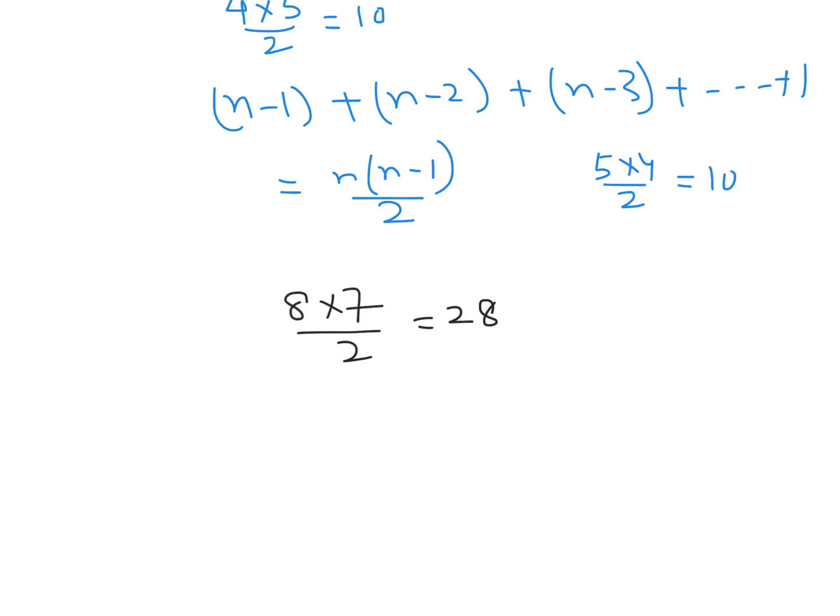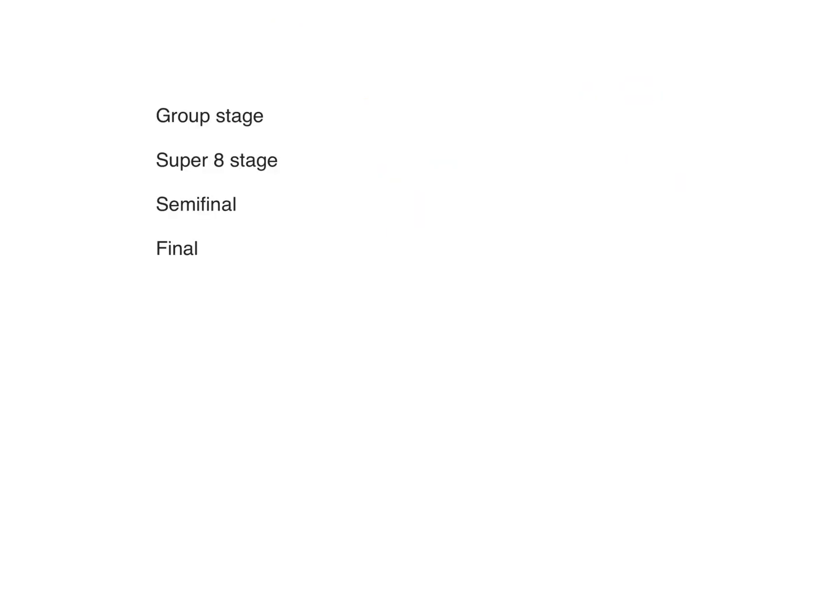So coming to the question, at group stage we have 10 into 4, because there are 4 groups of 5 teams each, and in each group there will be 10 matches played. So 10 into 4, that is 40 matches will be played at the group stage.